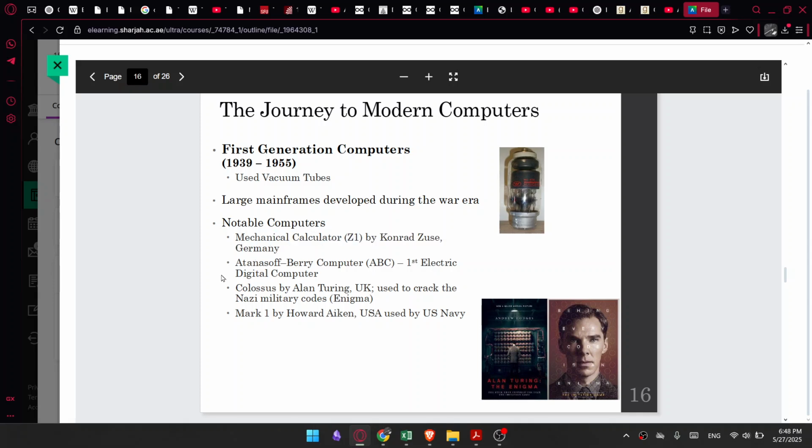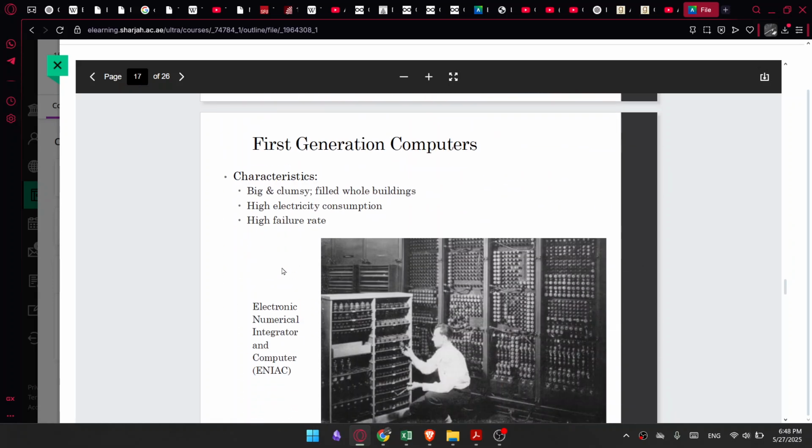The Atanasoff-Berry Computer, which is ABC, and you have to know this, the first electronic digital computer. And Colossus by Alan Turing, UK, used to crack the Nazi military code Enigma. Mark 1 by Howard Aiken from the USA, used by the US Navy.